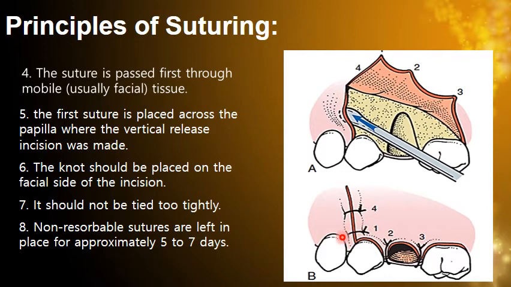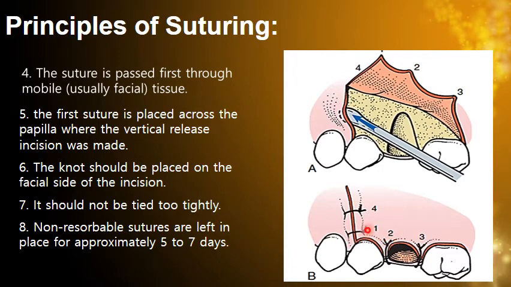Why? Because it is an easily identifiable mark, and most important when reapproximating a two-sided or three-sided flap, so that the flap will be held in place and I can do the other sutures correctly.